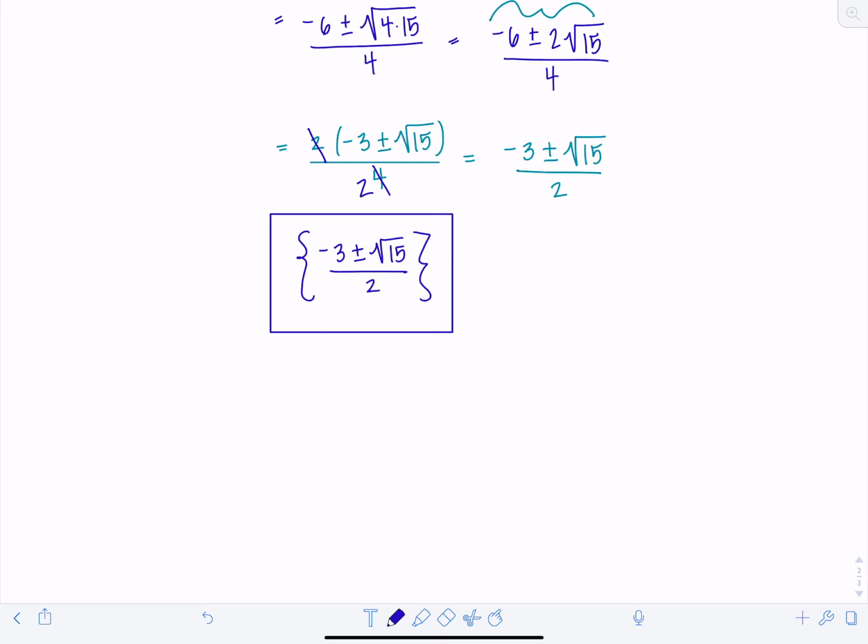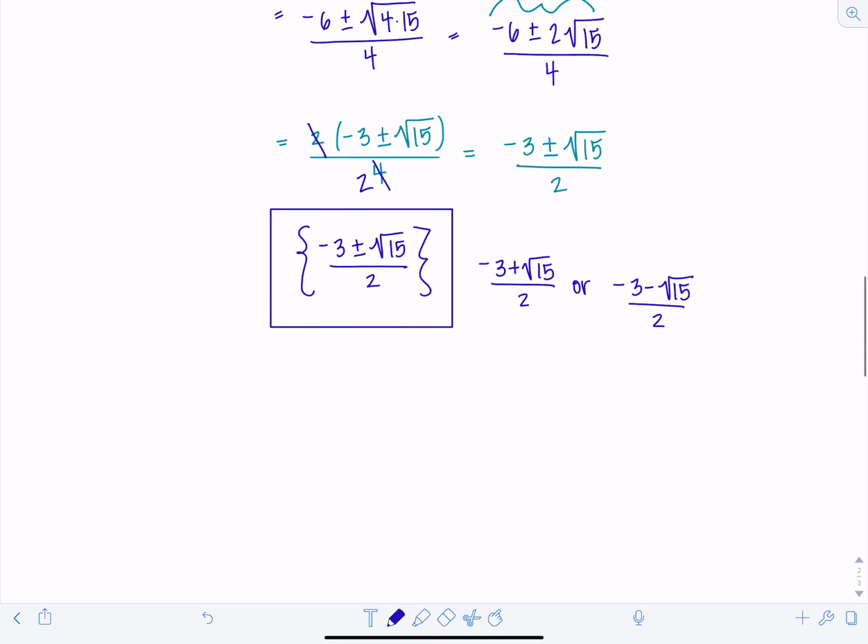Even though it may look like there's one solution, negative 3 plus rad 15 over 2 is one solution, and negative 3 minus rad 15 over 2 is another solution. But that plus or minus notation allows us to condense the way we write things.